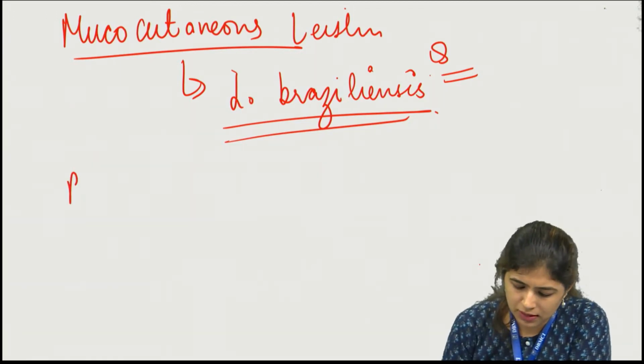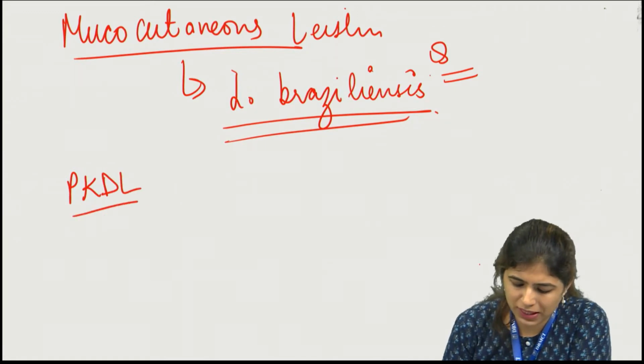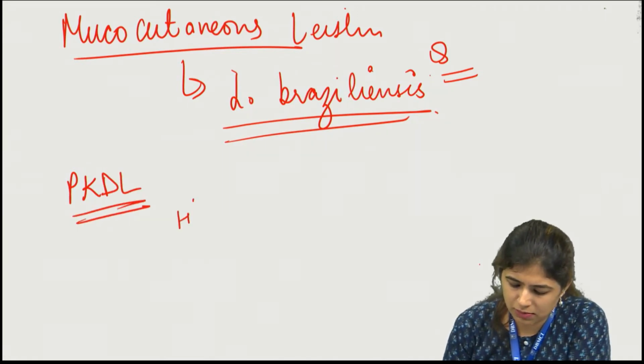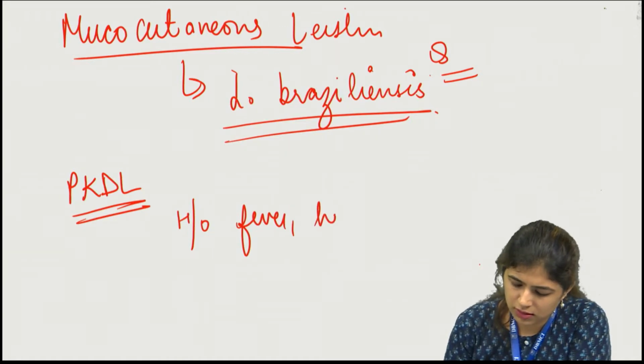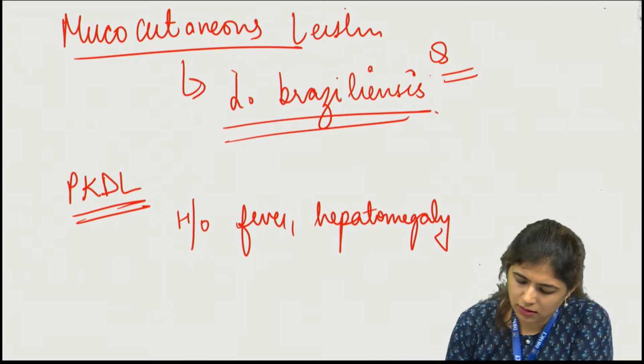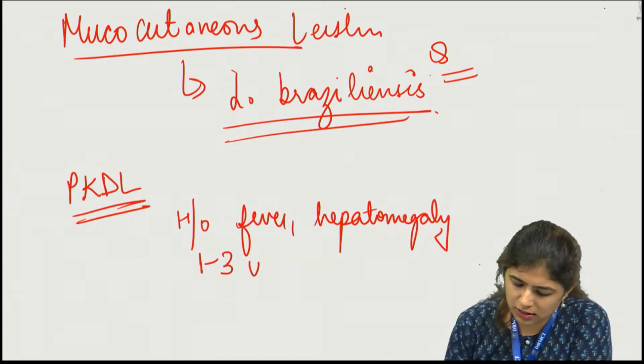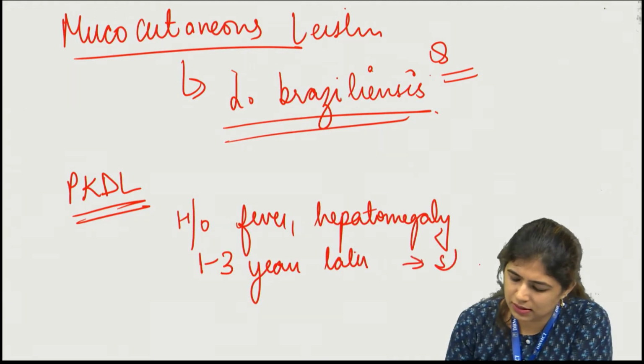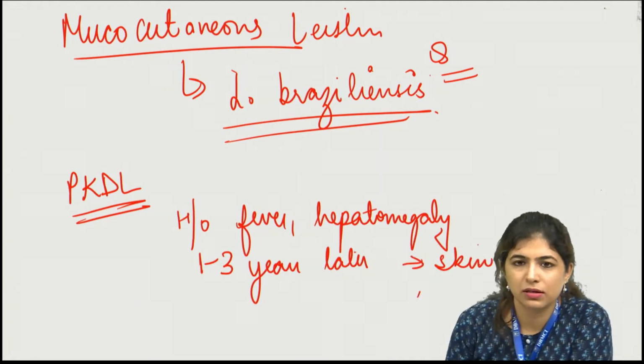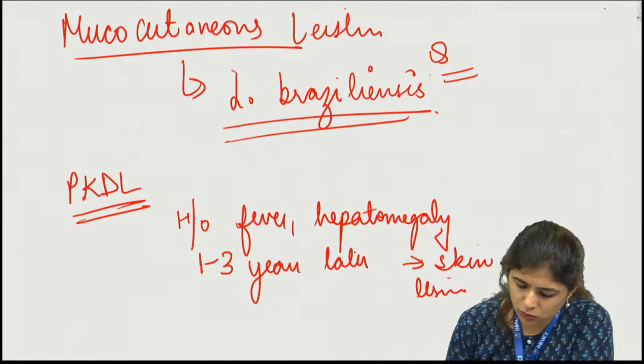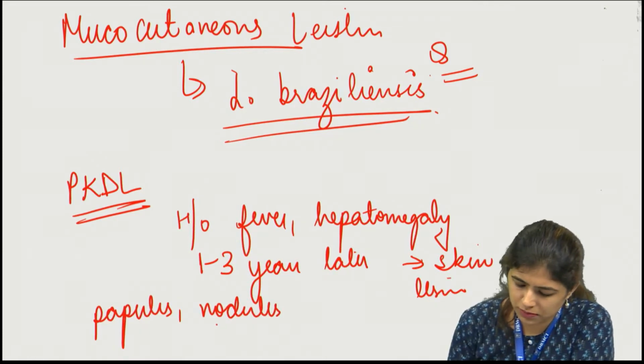Then the thing that you need to remember about PKDL is that there may be a history of fever, hepatomegaly, and one to three years later the patient has skin lesions, which could be papules and nodules.